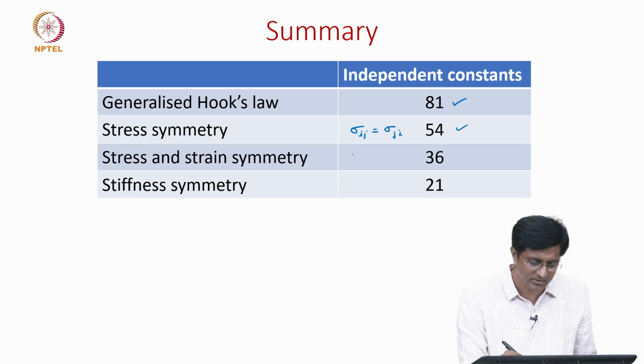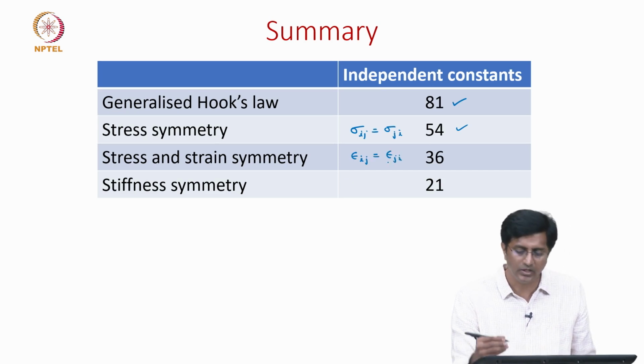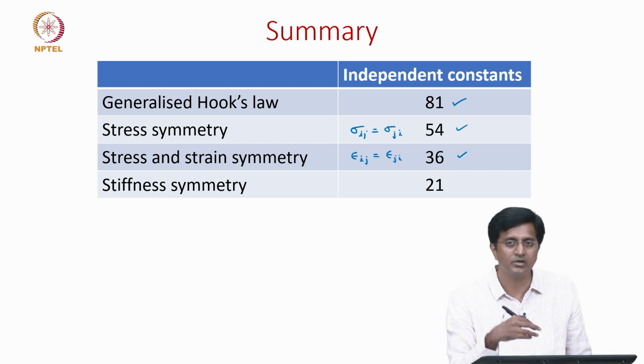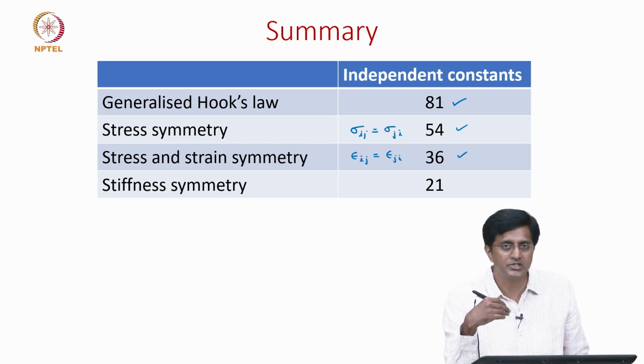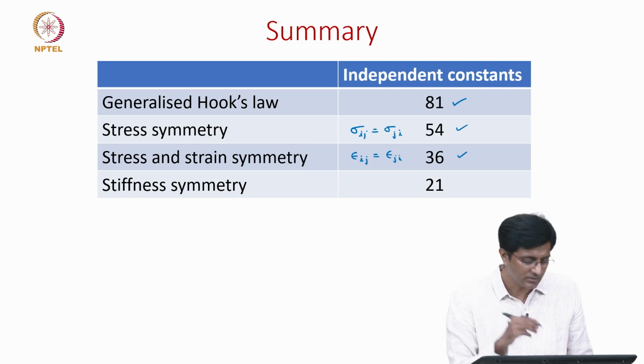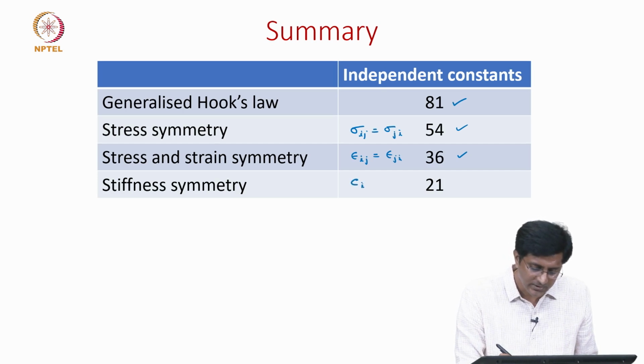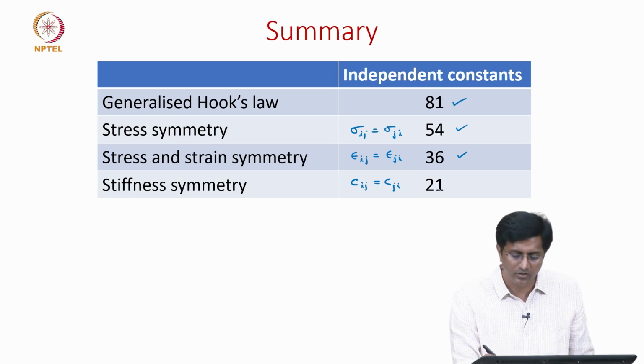Later, the strain symmetry, epsilon ij equals epsilon ji, got it down to 36. Later, if we assume that there is a strain energy density function, then we can show that the stiffness matrix is symmetric, meaning Cij equals Cji, and then we got it down to 21 constants.